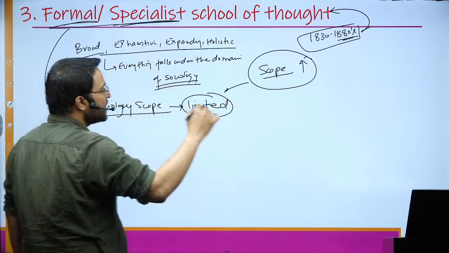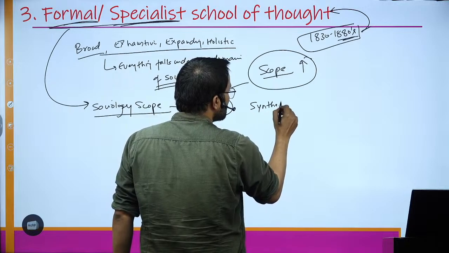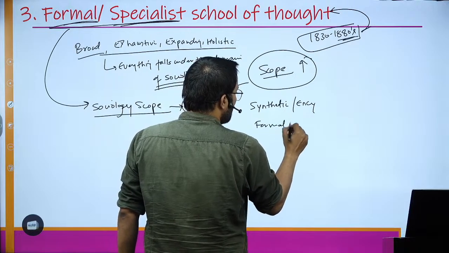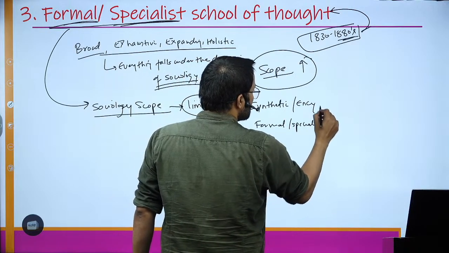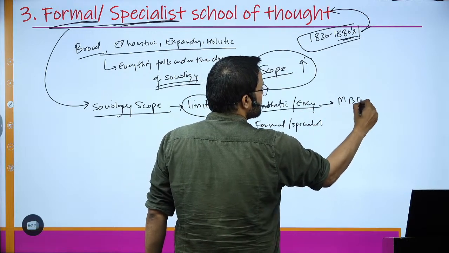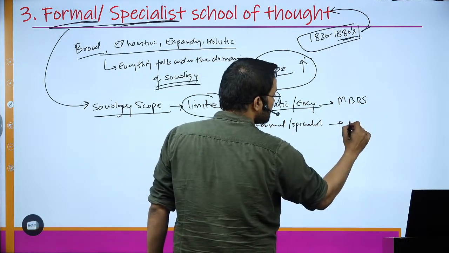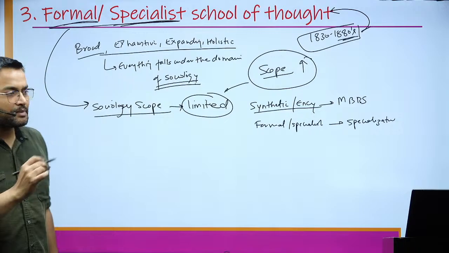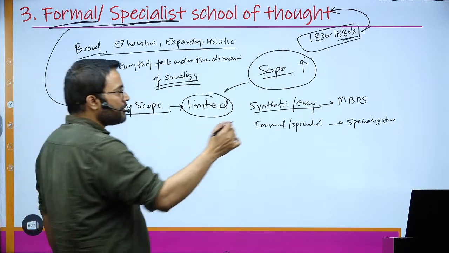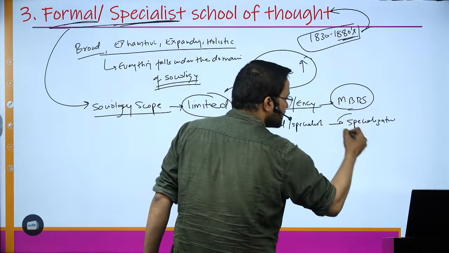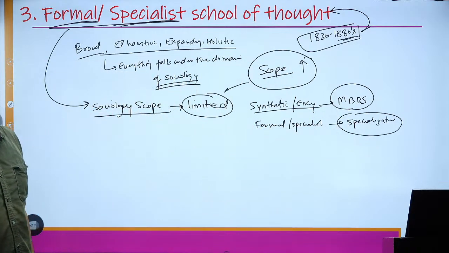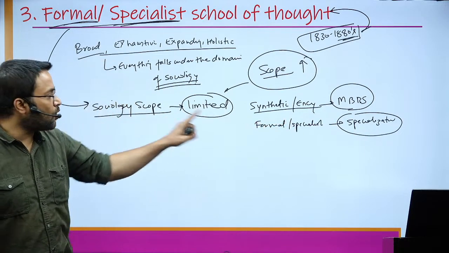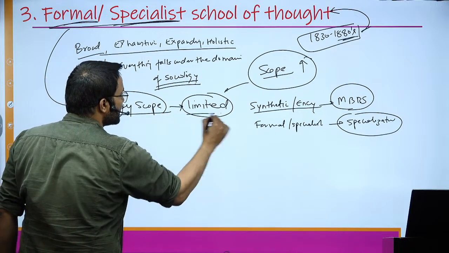It is just like synthetic or encyclopedic is an MBBS, and formal or specialist is some kind of specialization like cardiologist, gynecologist, and all those things. For them, a particular organ, a particular set of diseases they deal with. So if they talk about specialization, automatically the scope of sociology becomes very limited.